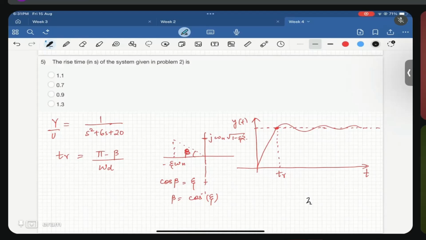That is in degrees. Calculate in radian, because omega d is given in radian per second. In radian it is 0.836. Correct. Then how much will the rise time be?